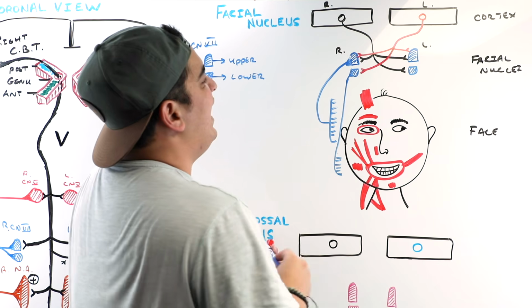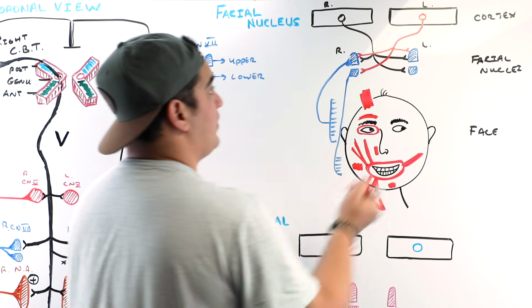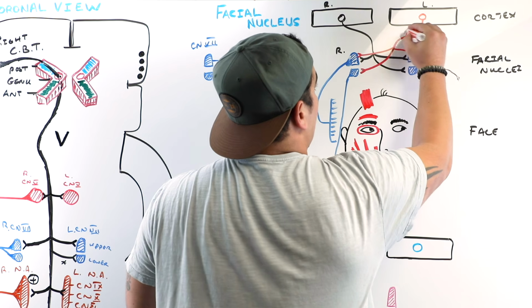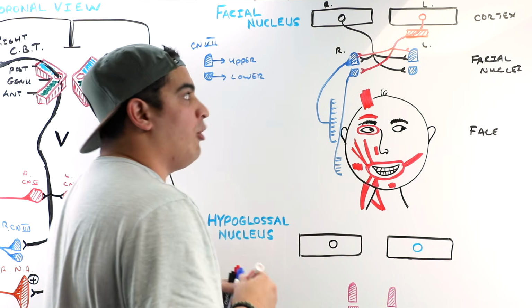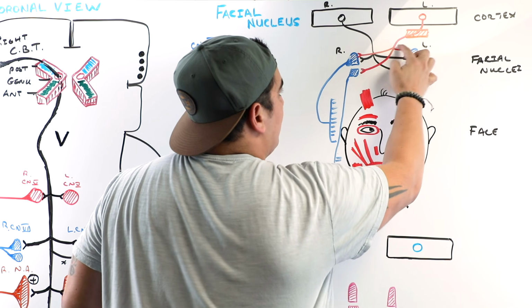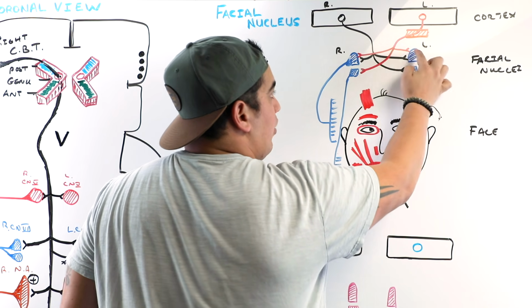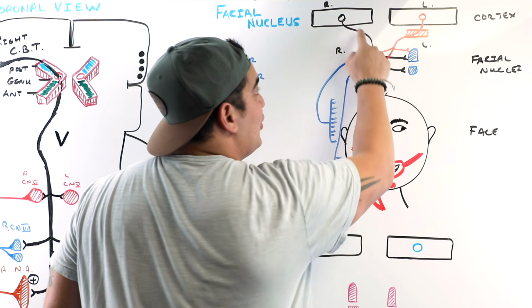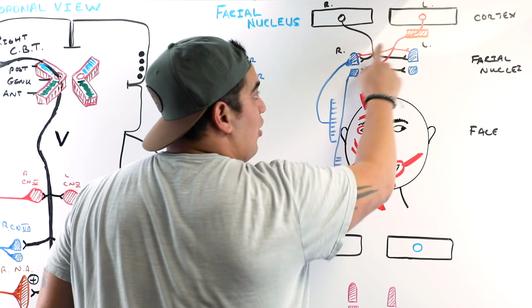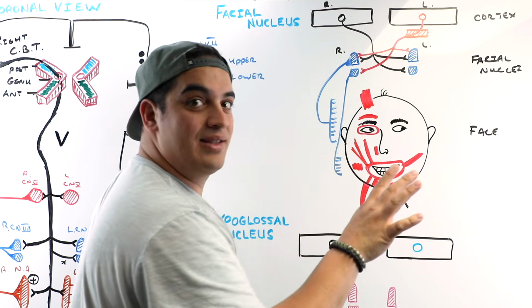Now, if you have a lesion that develops here in the left corticobulbar tract, for example, you have less supply going to these upper nuclei, right? Because they're going bilateral. But what is compensating for that loss of supply to the upper nuclei on the right and left of the facial nucleus?